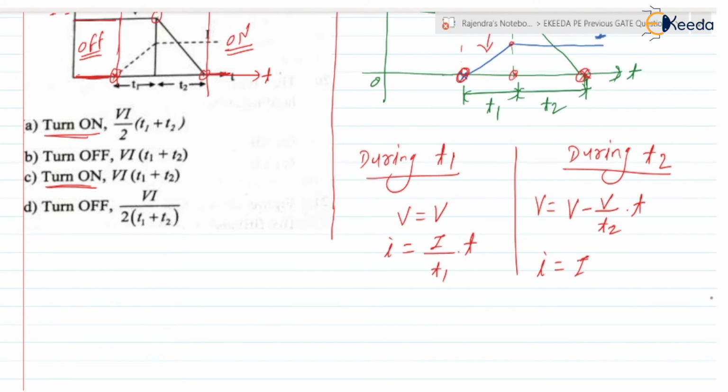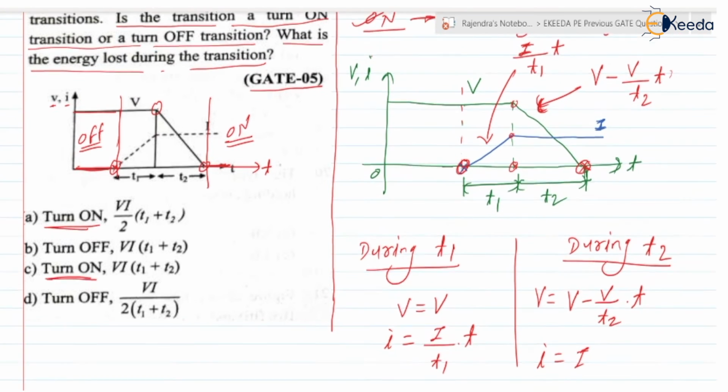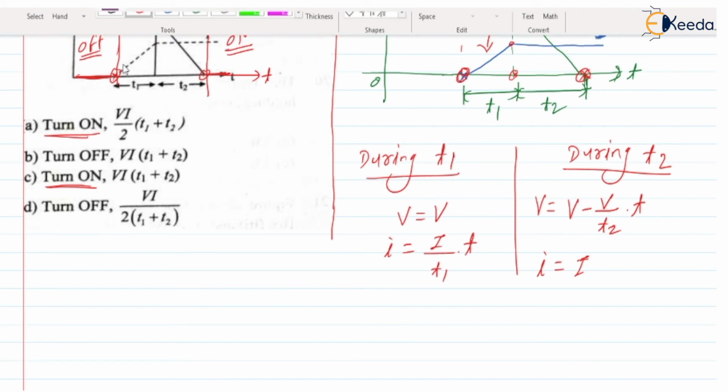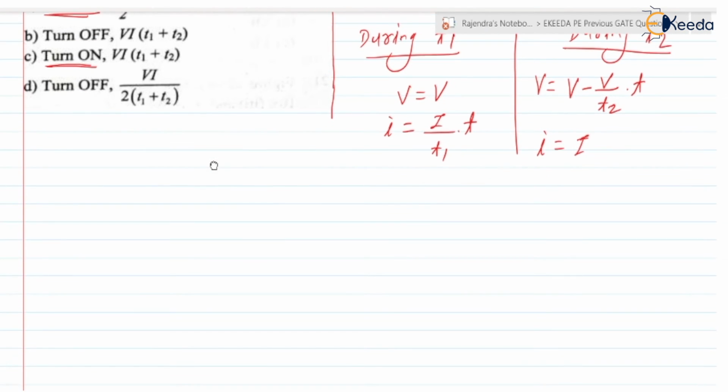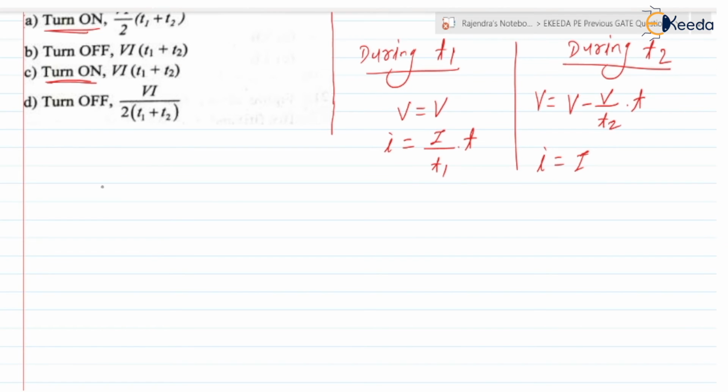Now our task is to find the energy lost during the transition. Transition means during t1 plus t2.